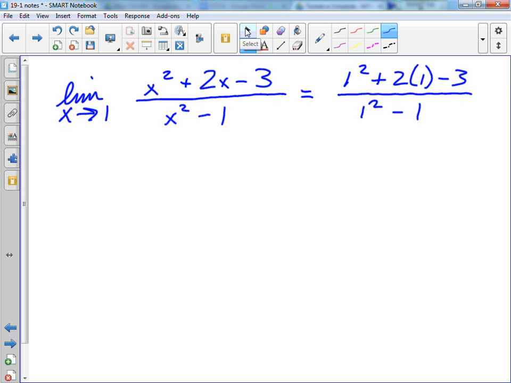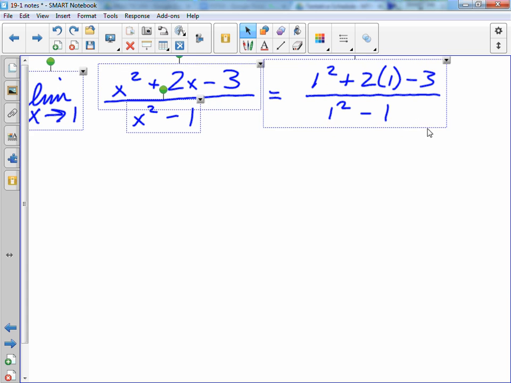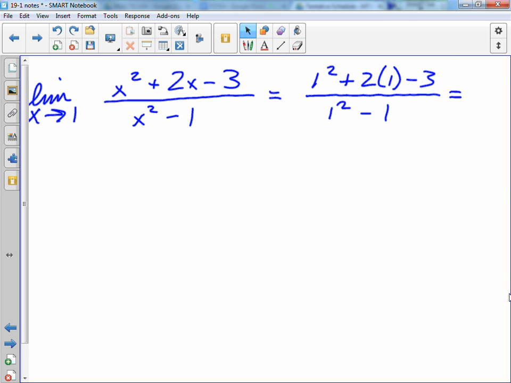What does that equal? Come on, help me out. Well, we have 1 squared is 1, plus 2, minus 3 is 0, over 0.